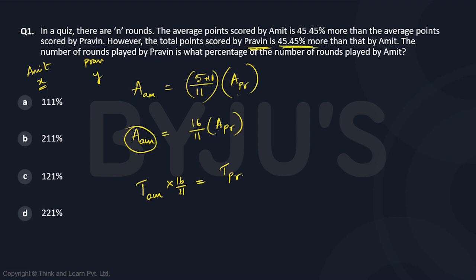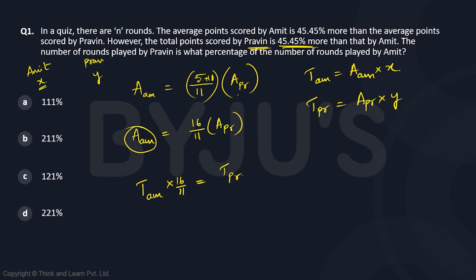Right, so the first statement gives you the average relationship, the second statement gives you the total relationship, and the relation between average and total is that total of Amit is average of Amit into the number of rounds, and total of Praveen is average of Praveen into the number of rounds. That's all.